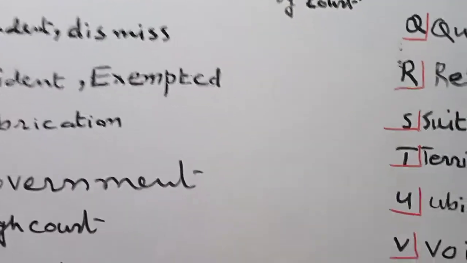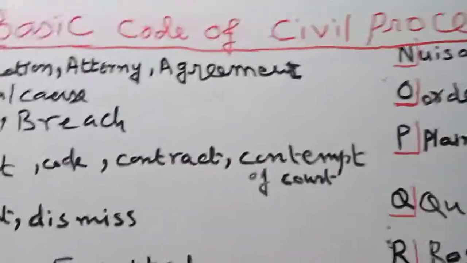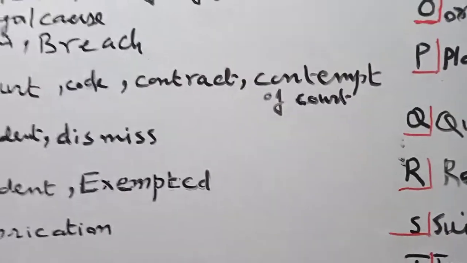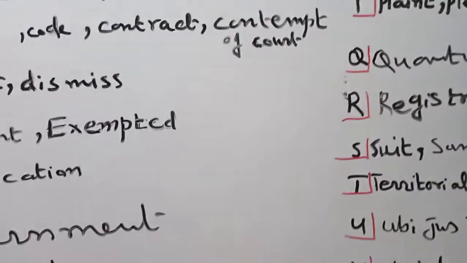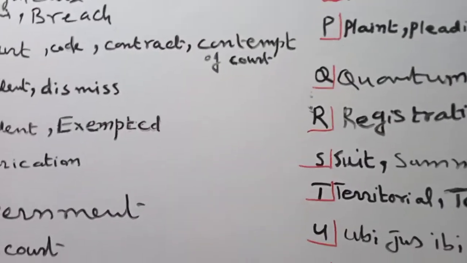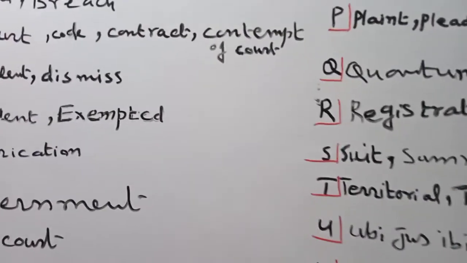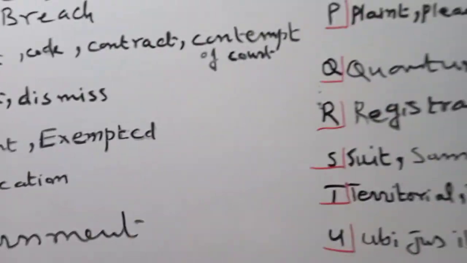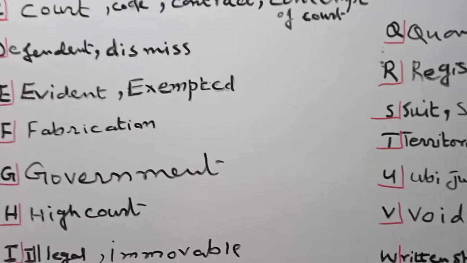Of course, the agreement is also lawful, but contract means the same agreement, submitted or filed in court. Contempt of court means lack of respect of court. Contempt means lack of respect and court means court.